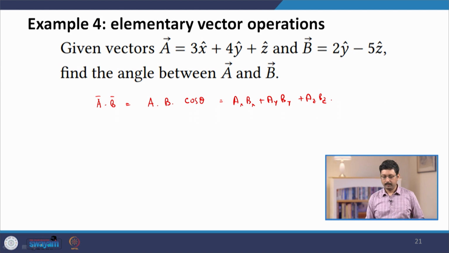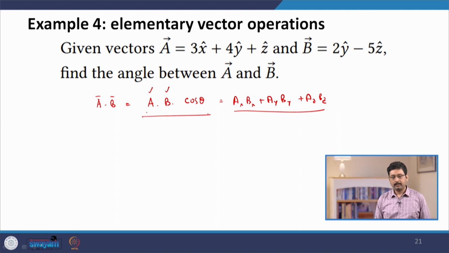From the given problem, a x, a y etc. are given, so I can calculate this quantity. From the components I can also calculate the magnitude of vector A and the magnitude of vector B. Hence, by writing the dot product formula in two different ways and equating them, we can compute the angle.